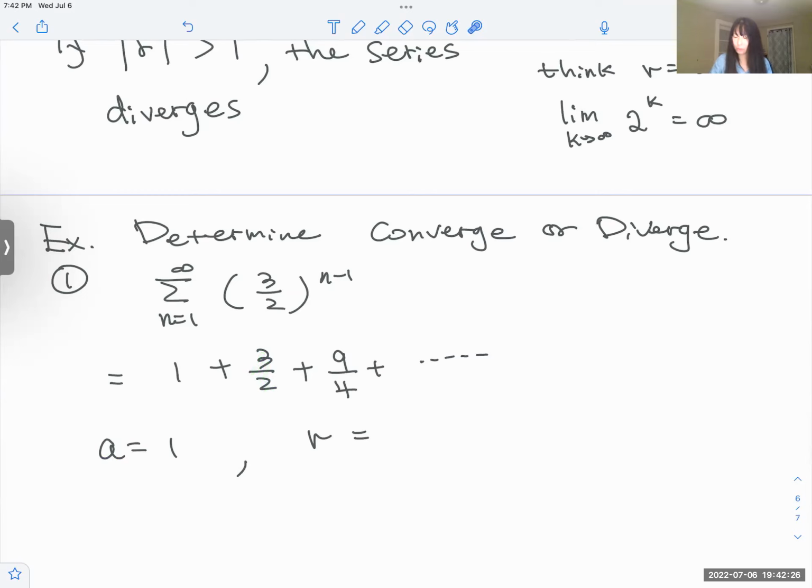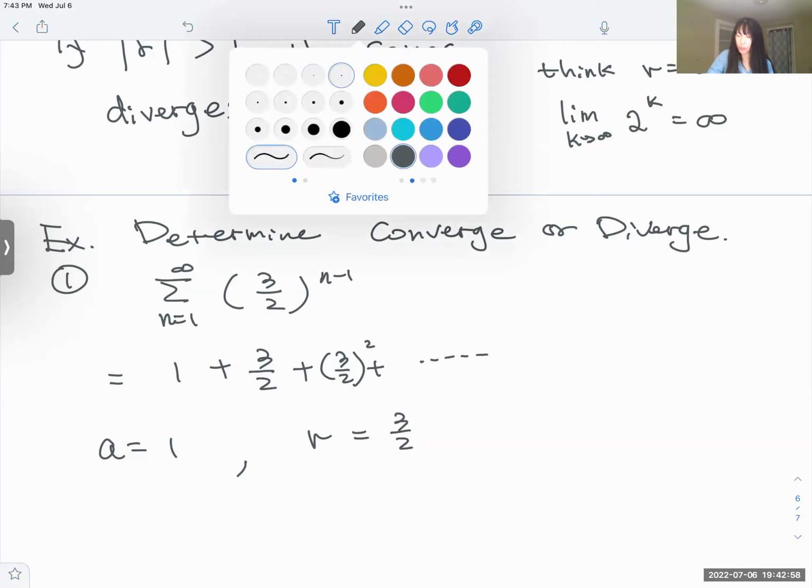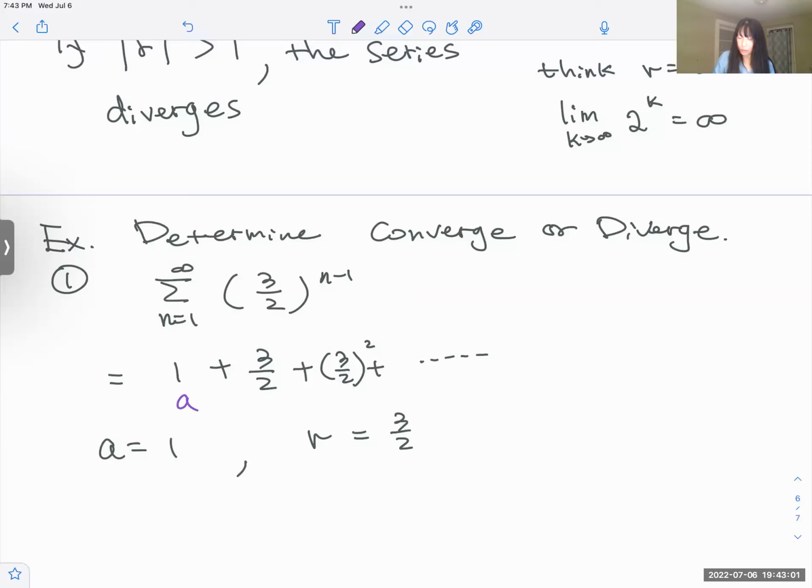So we check the third term, which is 3/2 squared. That is better. So r equal to 3/2, because the third term is a r to the second power, right? So let me write down here: a, a times r, a r squared, right? Make sense?